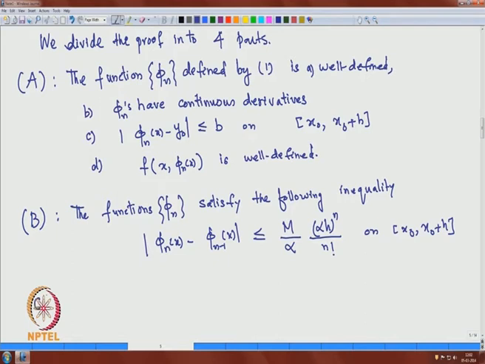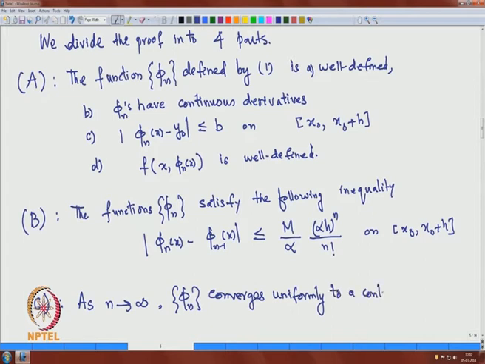Now, part 3, that is part C, we will prove that as n goes to infinity, the sequence of functions phi n converges uniformly to a continuous function, call it phi, a continuous function phi on the interval x0 to x0 plus h.